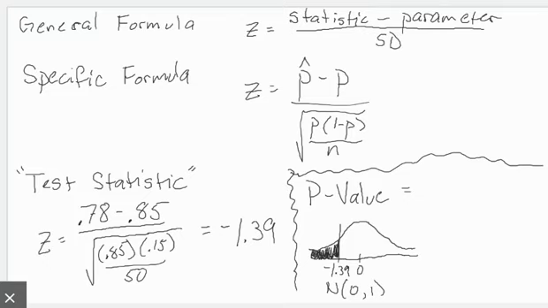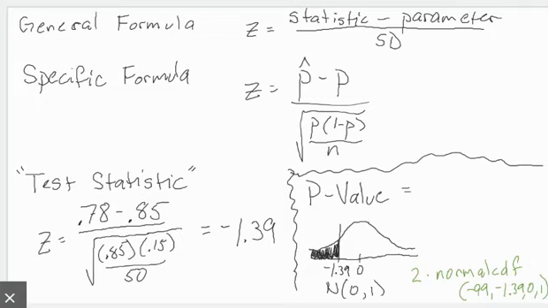But I'm going to go 2 times normal CDF, and I'm going to go from negative 99 to negative 1.39 with a mean of 0 and a standard deviation of 1.